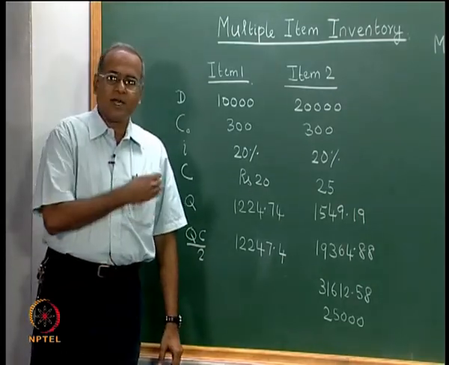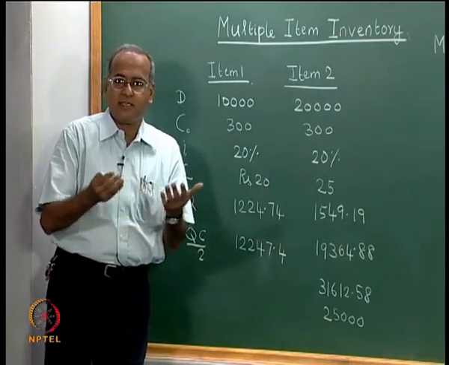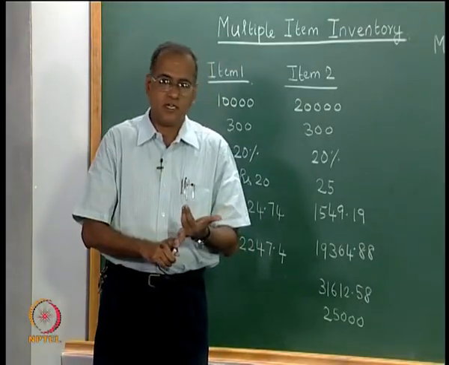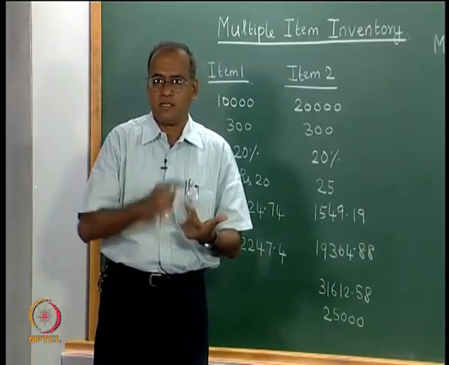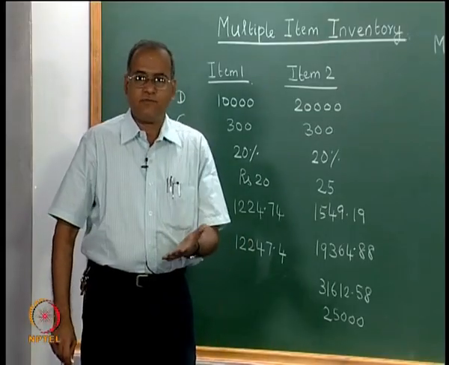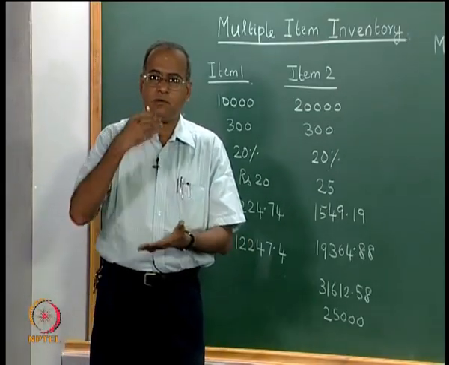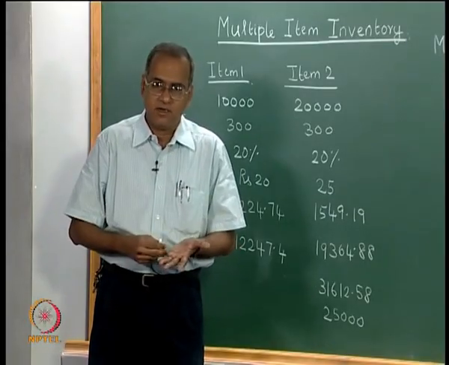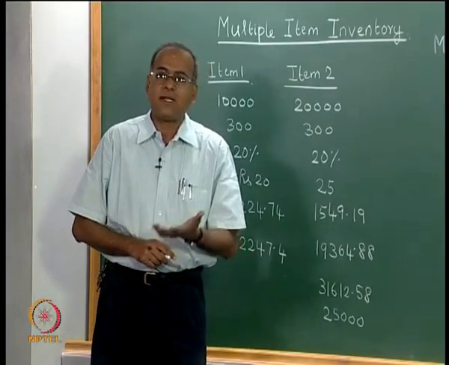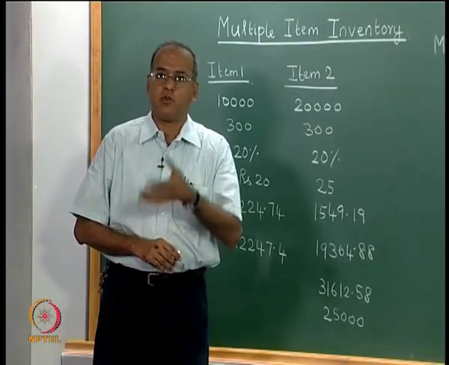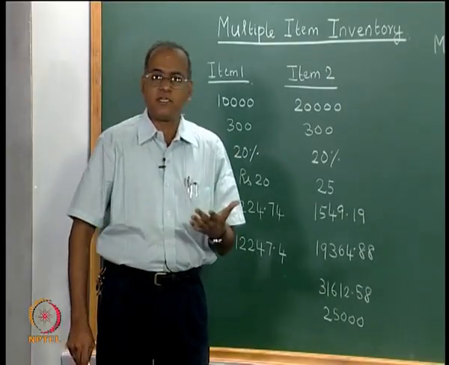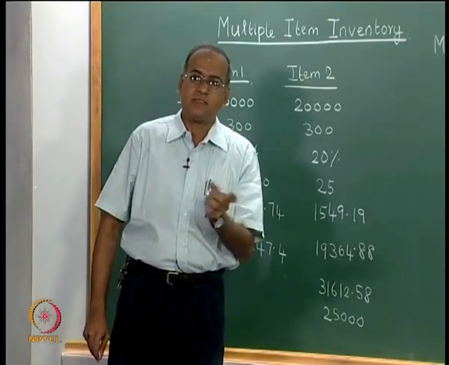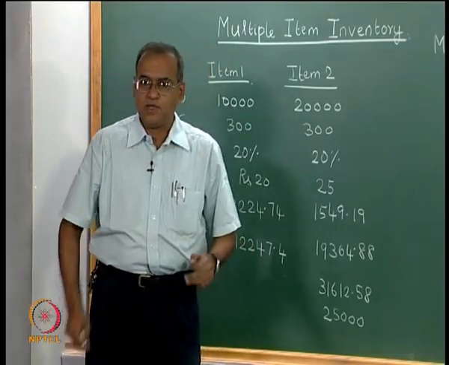The other way to look at it is, the components of C naught are essentially inspection, transportation, order placing and so on, and if the same people are going to do the inspection, then the inspection cost cannot be different. But if the inspection requires different types of equipment, or if the inspection requires a different skill set of the person inspecting, then C naught can be different.